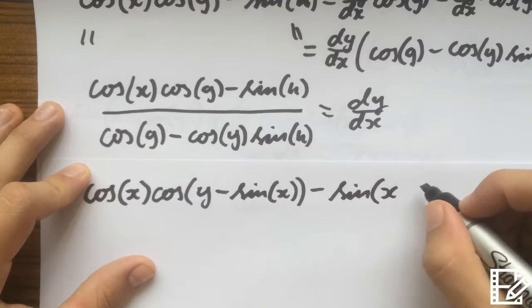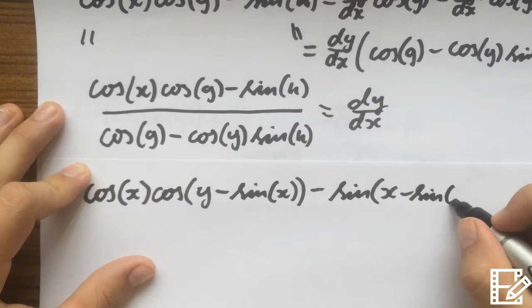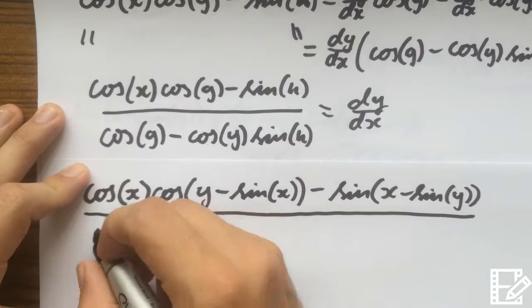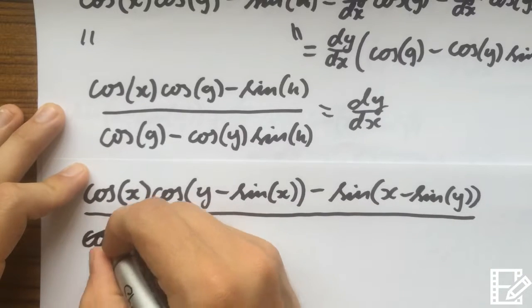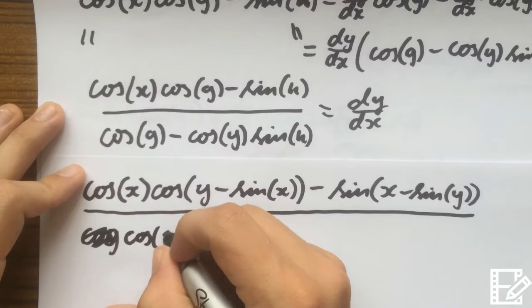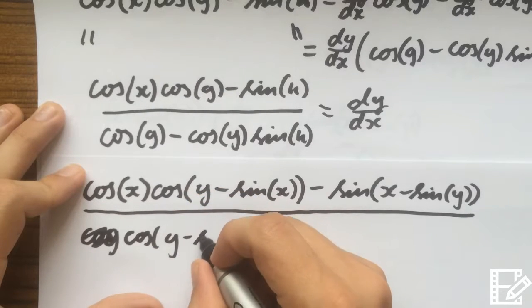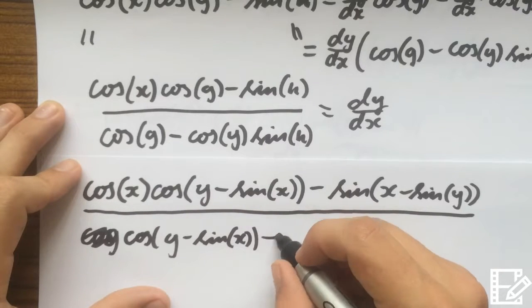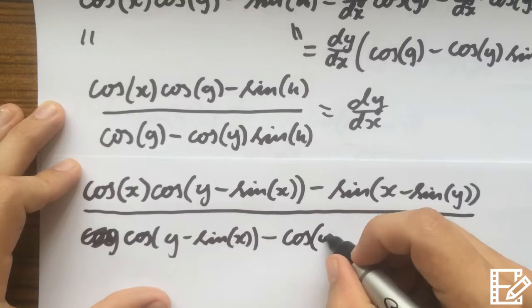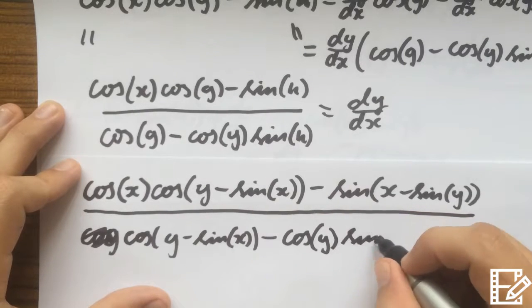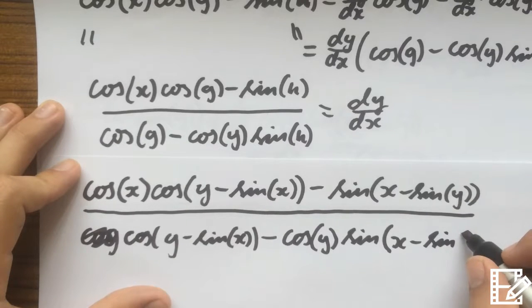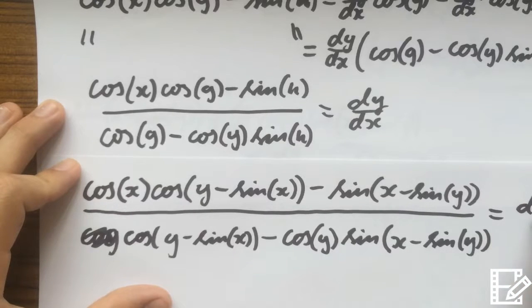We said that h was x minus sine y, all over cos of g. We said that g was y minus sine x, minus cos y multiplied by sine h. And we said that h was x minus sine y. And that all equals the derivative.